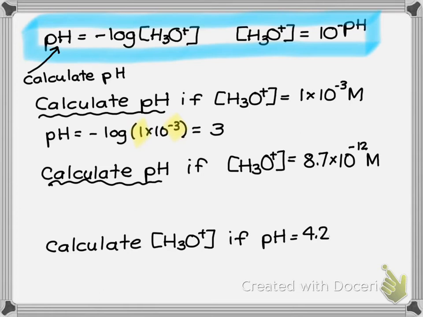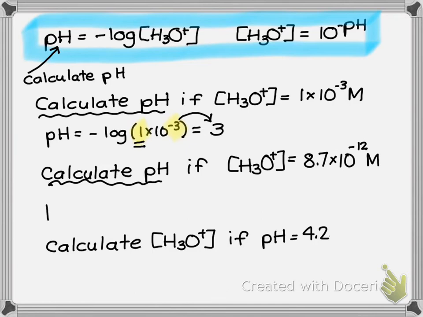So anytime your coefficient is a 1, the pH is going to just be equal to the positive value of your exponent. Now it's only true when the coefficient is a 1. So in this example, I wouldn't even have to put it in the calculator. I could just know that the negative log of 1 times 10 to the negative 3 is 3.